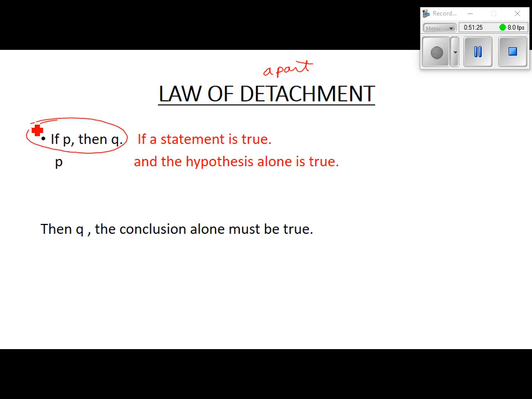We take them apart, and this hypothesis all by itself is true. Guess what's true about the conclusion all by itself? It's true. So if you got an if-then statement, and the whole thing starts off being true, take it apart.